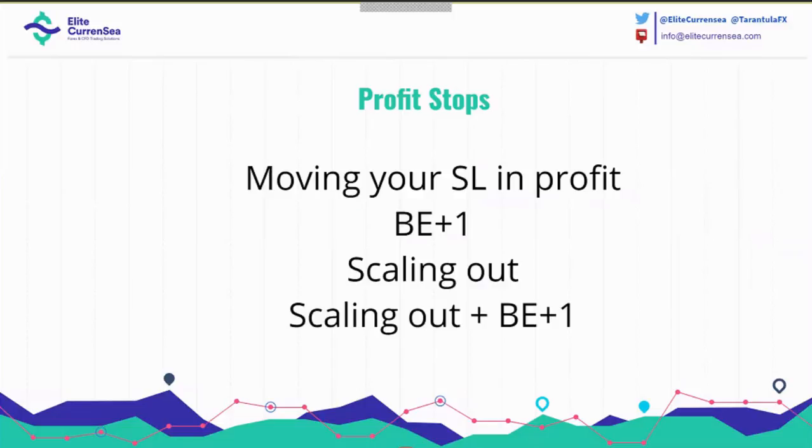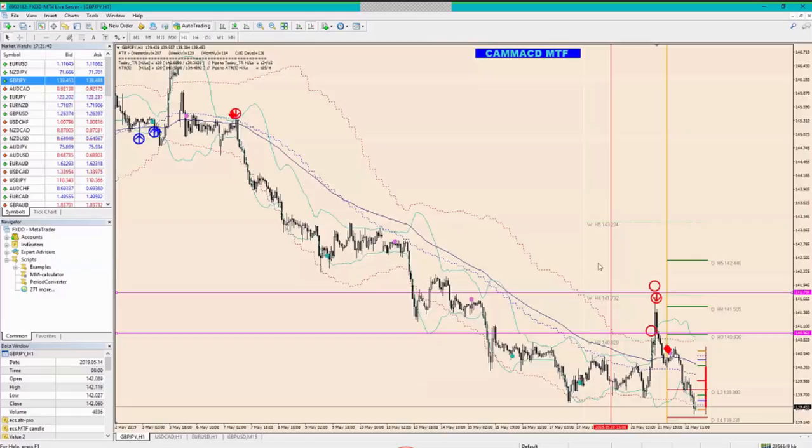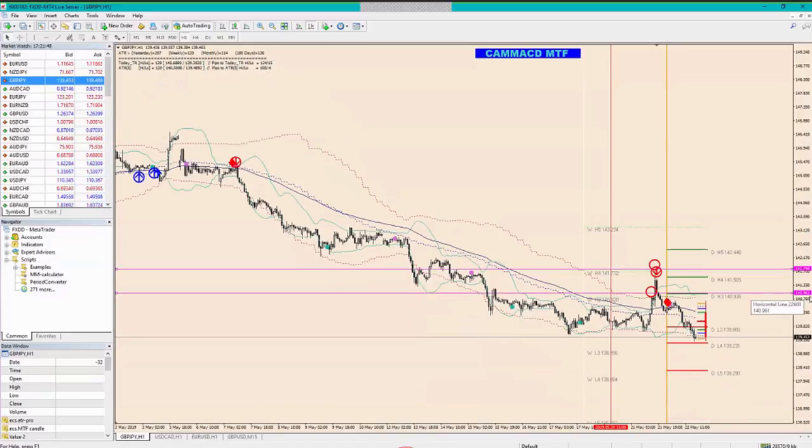Let's use the same example. We trade GBPN and we entered here at this spot, 140.96. Okay, the price started to drop. Usually after some 20, 25, 30 pips, I might use a so-called profit stop. Now, how do I do it?